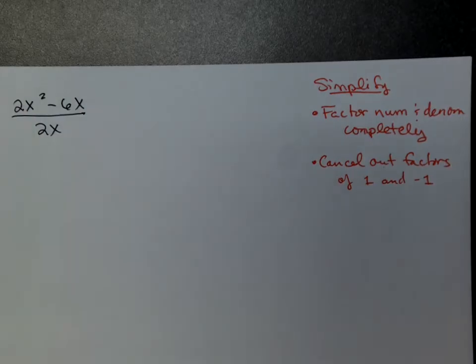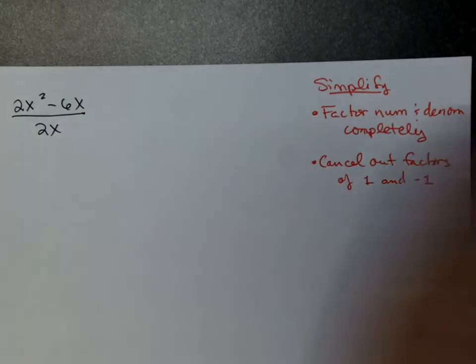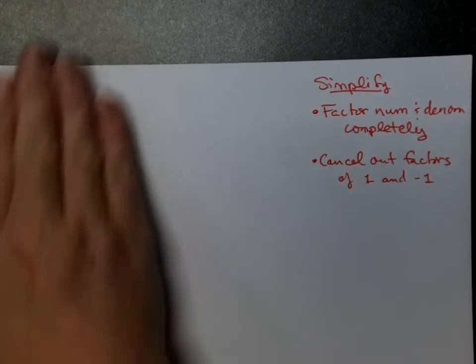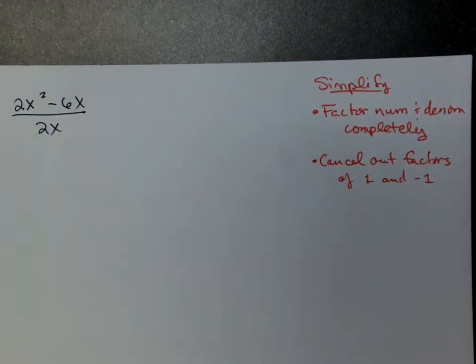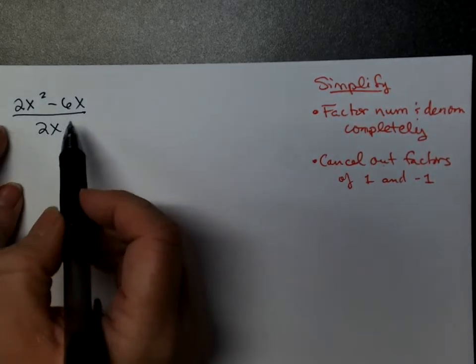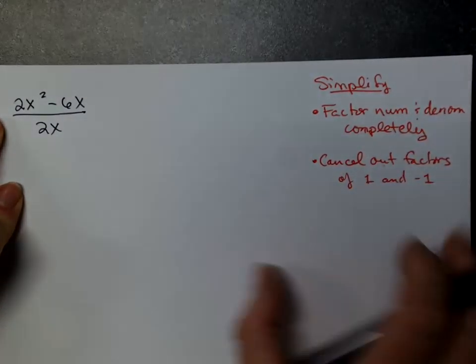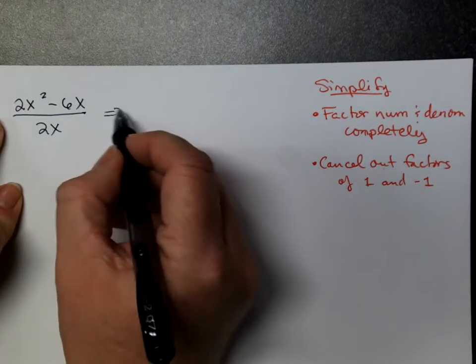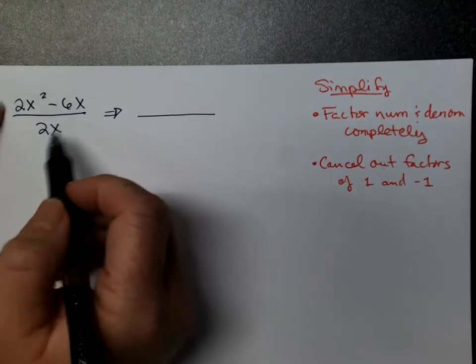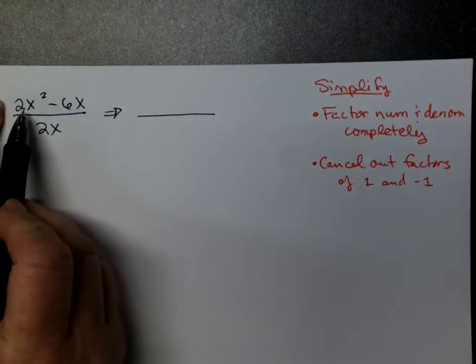If you have to do some paper and pencil to do your factoring, go off to the side. Don't mess up your problem. It gets very chaotic and messy, and that throws people off. That throws you off. It makes it hard for me to see what your thought process is too when I grade them. So any factoring you can do mentally, do mentally. Anything you can't, use scratch paper or go off to the side. So I'm going to rewrite this fully factored. I can see first I have to ask myself GCF.